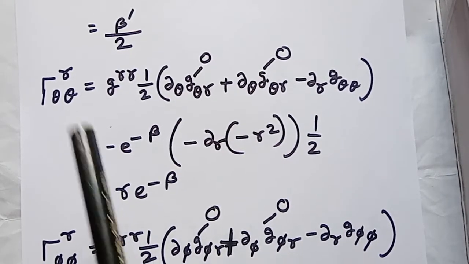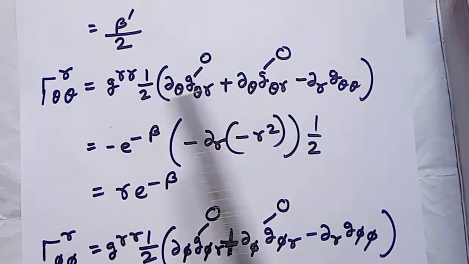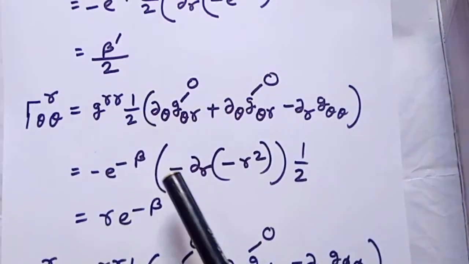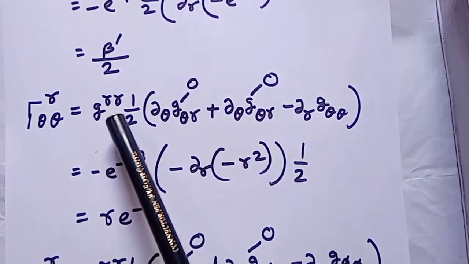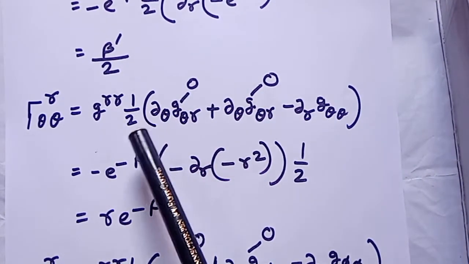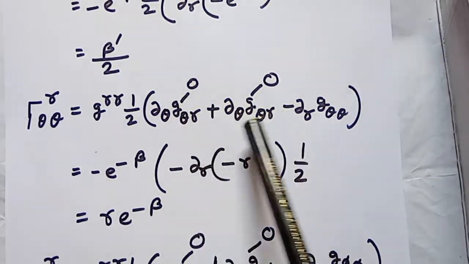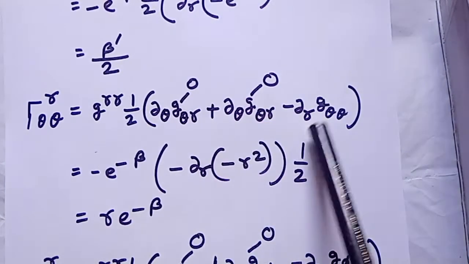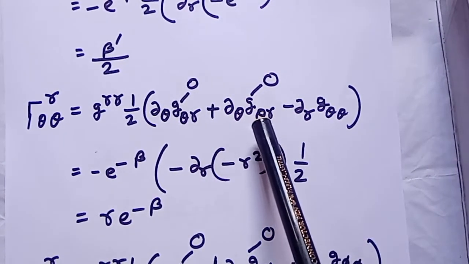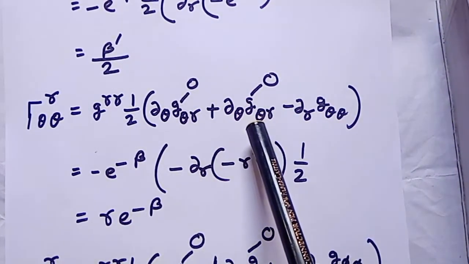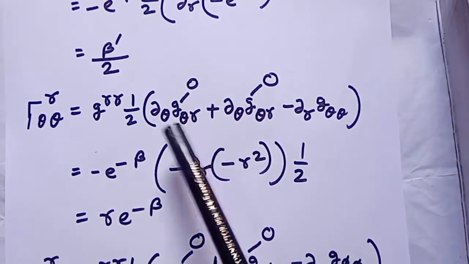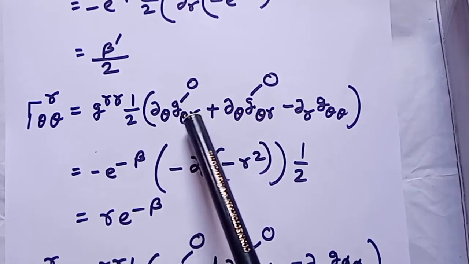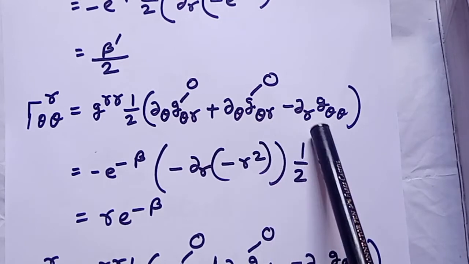Now we have another Christoffel symbol, Gamma^r_theta theta. Then we have g^rr times 1 divided by 2 (del_theta g_theta r plus del_theta g_theta r minus del_r g_theta theta). There are no other metric components of g_theta r, so those are zero, and we are left with del_r g_theta theta.